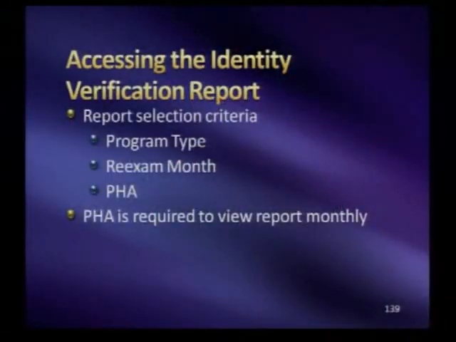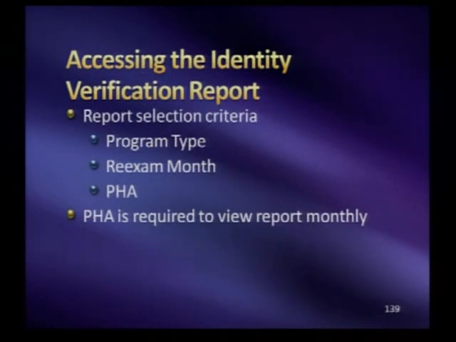So we actually re-engineered this report to allow you to indicate, hey, show me for my program type or re-examination month who has failed. And you are required under PIH Notice 2010-19 to review and monitor this report.